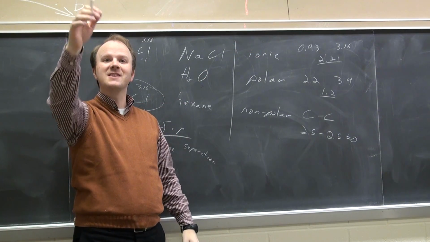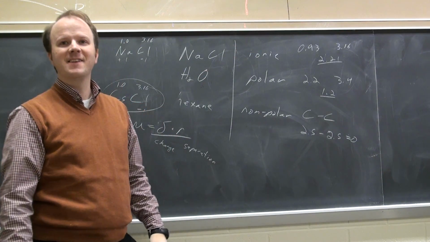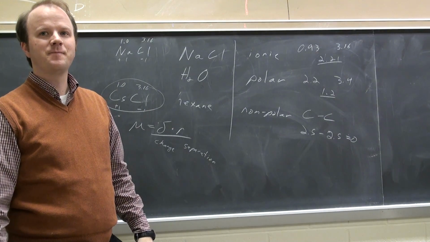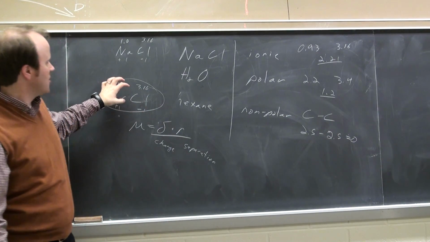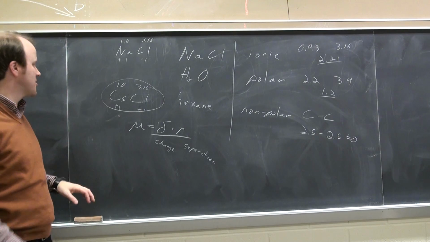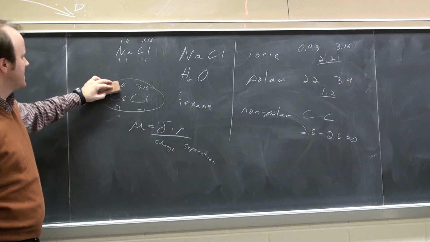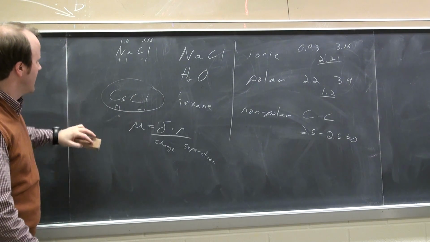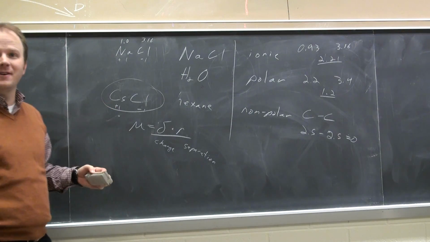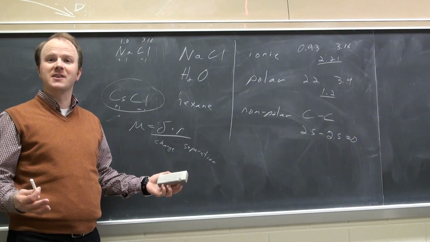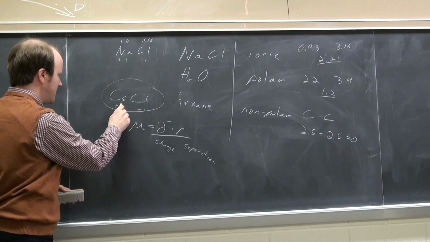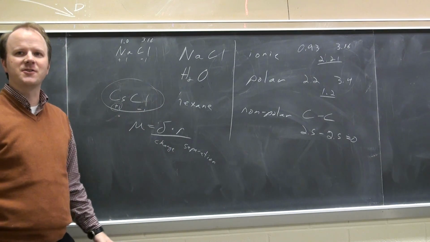Question: is the charge that of an electron, or is it the charge of the atom? It's the charge on the atom. So it can be the charge of an electron if cesium has a formal +1, because that's a full electronic charge right there.